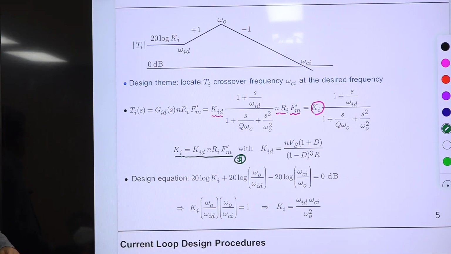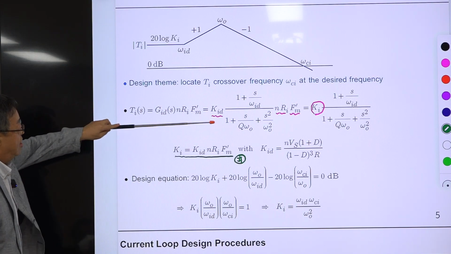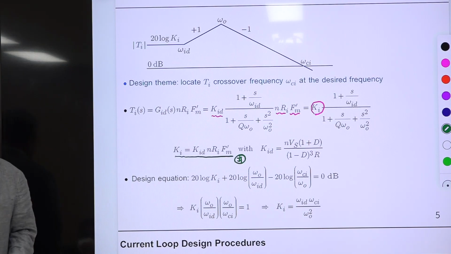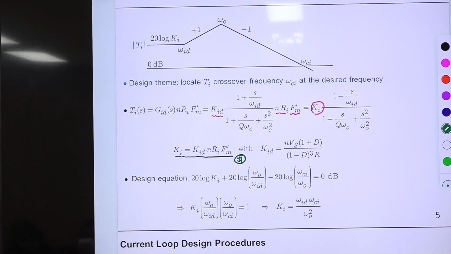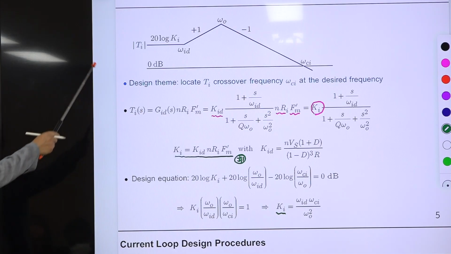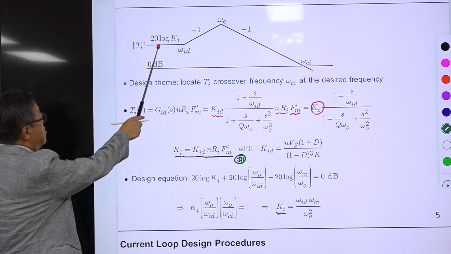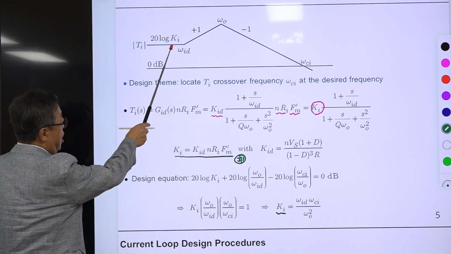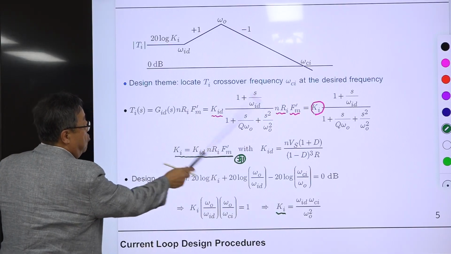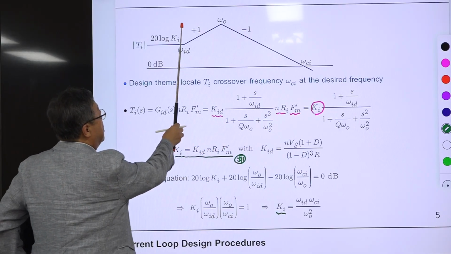Okay. And we'll derive another expression for this Ki. This Ki number 1 is derived from the transfer function directly, and we have another expression for Ki derived from this asymptotic plot. Obviously, this value is 20 log Ki, this one, and we have omega ID.